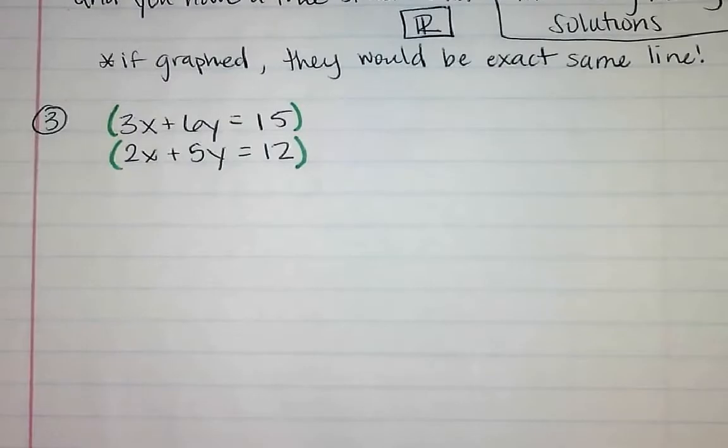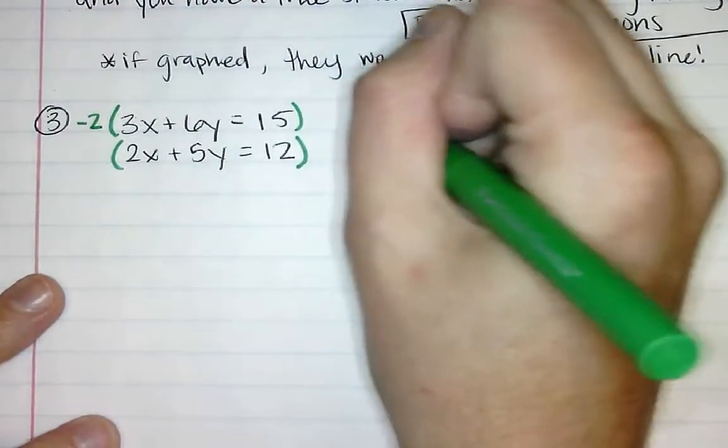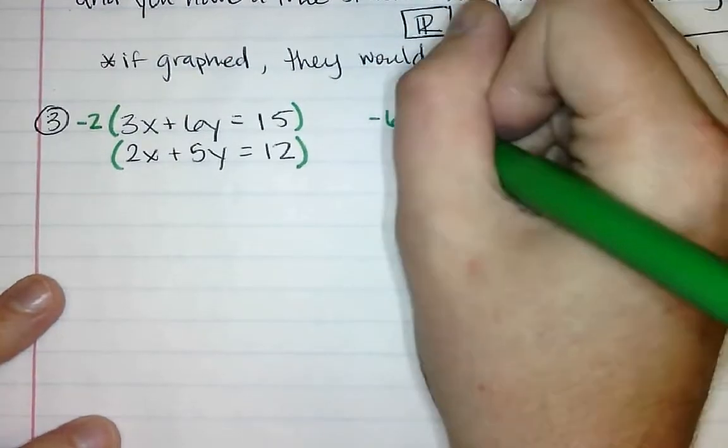So if we were going to multiply both of these, we're going to multiply different numbers. What could I multiply the top equation by? Okay, if I multiply this guy by negative 2, I heard that, then we would have negative 6x minus 12y equals negative 30.